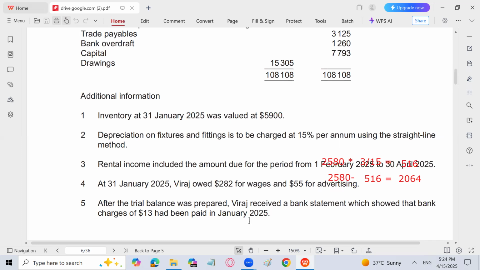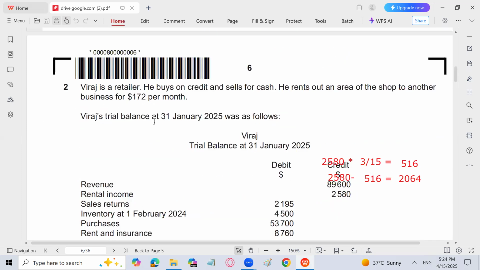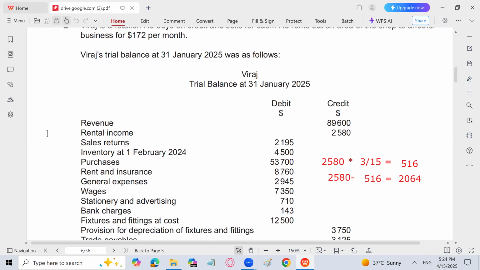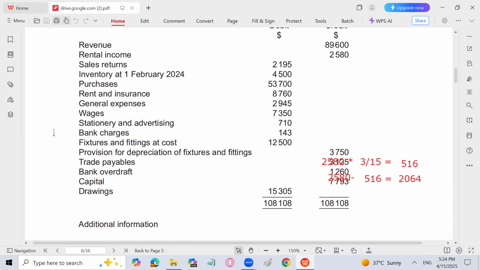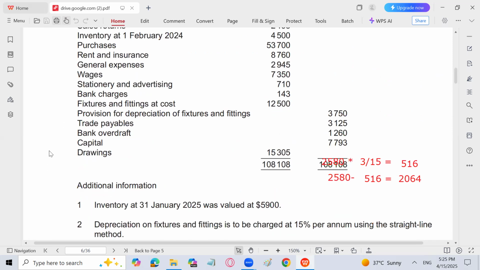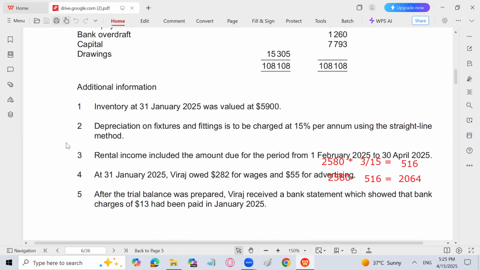So we have to add these bank charges of 13, because January 2025 is a part of our financial year. So it will increase the bank charges by how much? By 13.